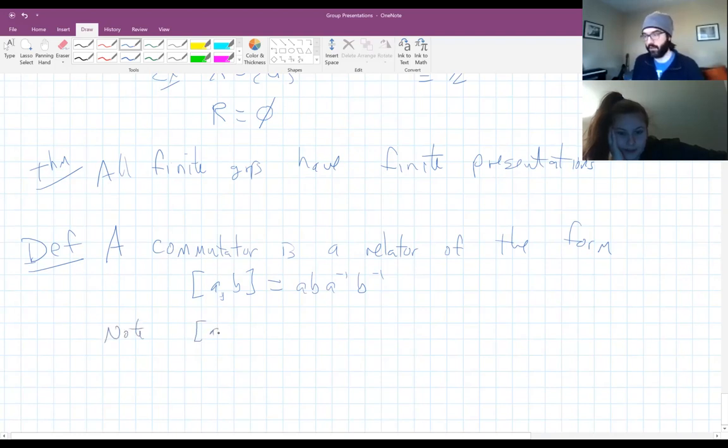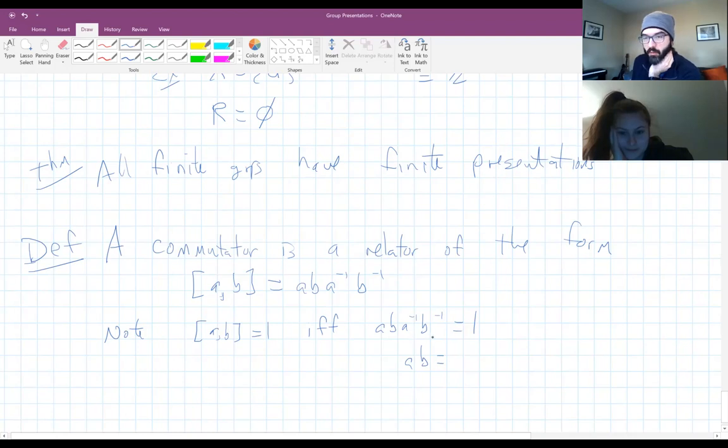that a commutator is equal to 1 if and only if A, B, A inverse, B inverse equals 1. But that means that AB has to be equal to what? Think about it. If A, B, A inverse, B inverse is 1, how would I get rid of the B inverse here on the right?